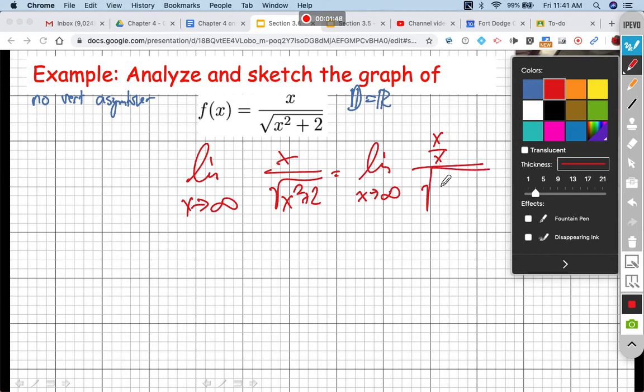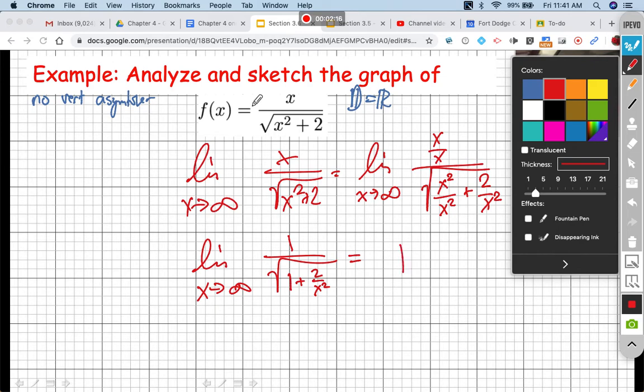On the top, I'll divide by x. On the bottom, I'm going to divide by the square root of x squared, so I can take it into my square root. I'm going to get the limit as x approaches infinity of 1 over the square root of 1 plus 2 over x squared, which comes down to 1.